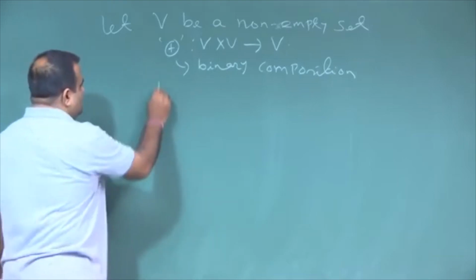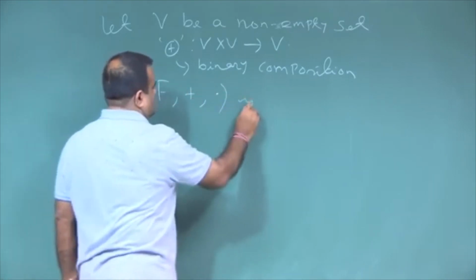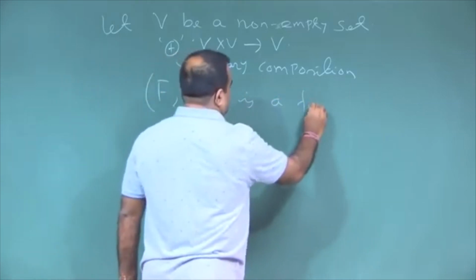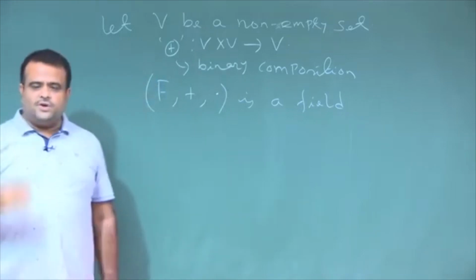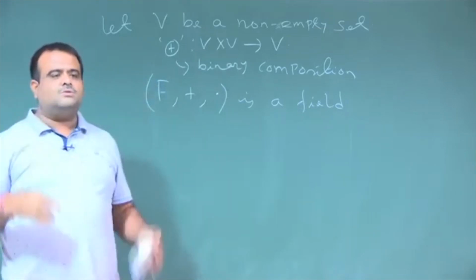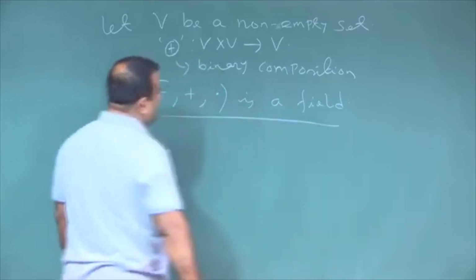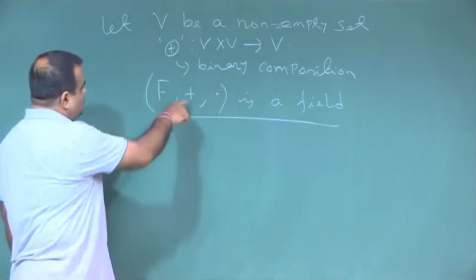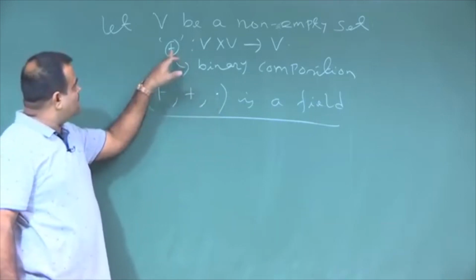And we have a field. This vector space is over a field. We always define a vector space over some field. So, this is the underlying field. It has two operators, plus and dot, the field plus and field dot, and this is the vector plus.